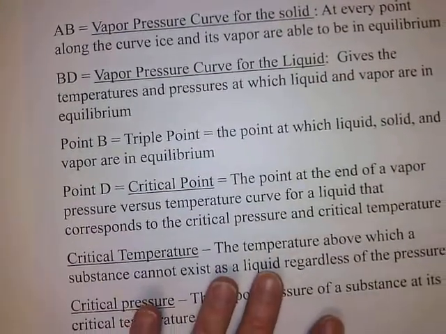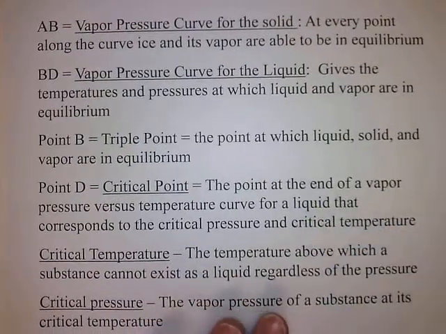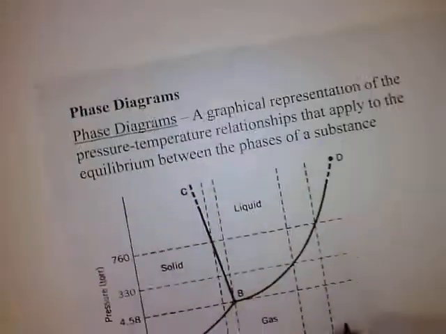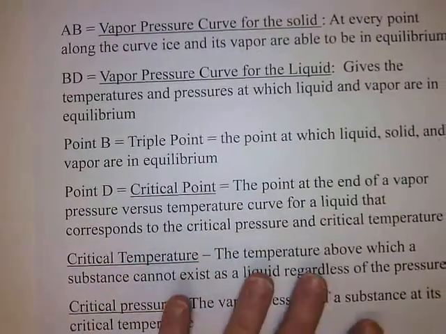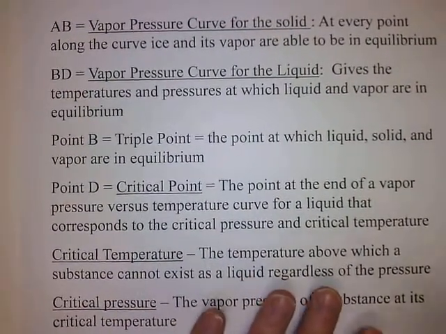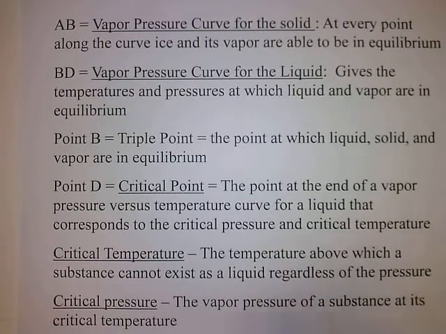All right, so point D, that's all the way out here. Point D is the critical point. That's the point at the end of a vapor pressure versus temperature curve for a liquid that corresponds to the critical pressure and the critical temperature.